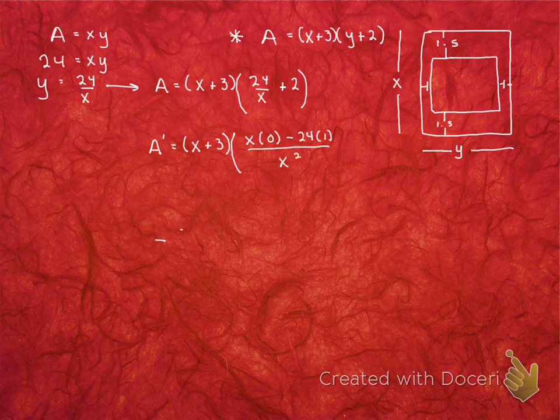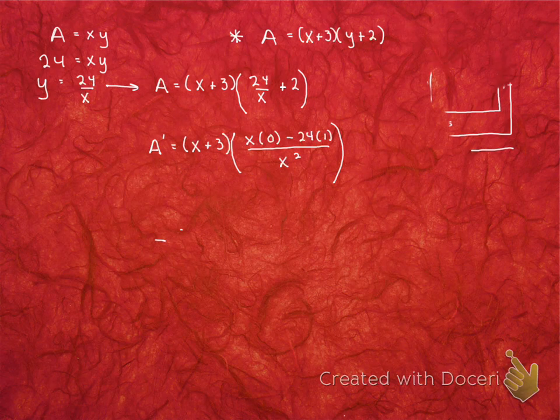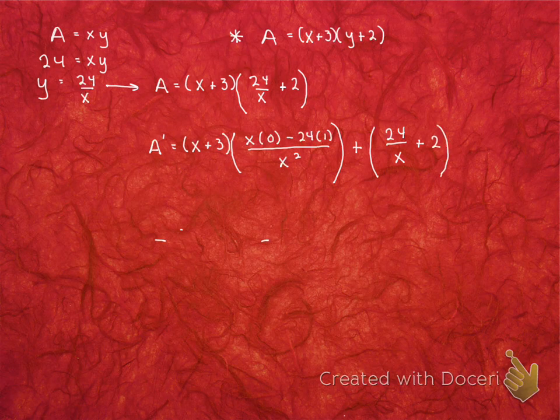And of course, again, the derivative of 2 is 0. And then, that's only half of it, we have plus the 24 over x plus 2 times the derivative of x plus 3, which is just 1.